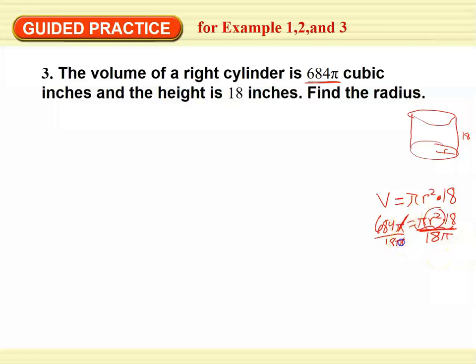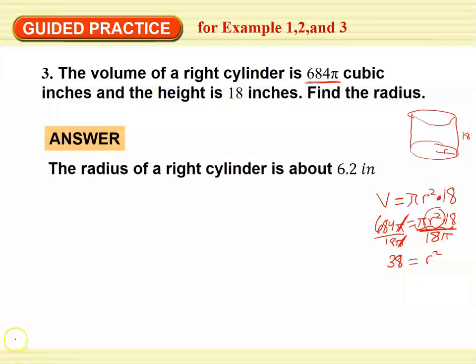So the pi's are going to cancel out. 684 divided by 18 is 38. And then to figure out what the radius is, I just square root 38 and get 6.2 inches.